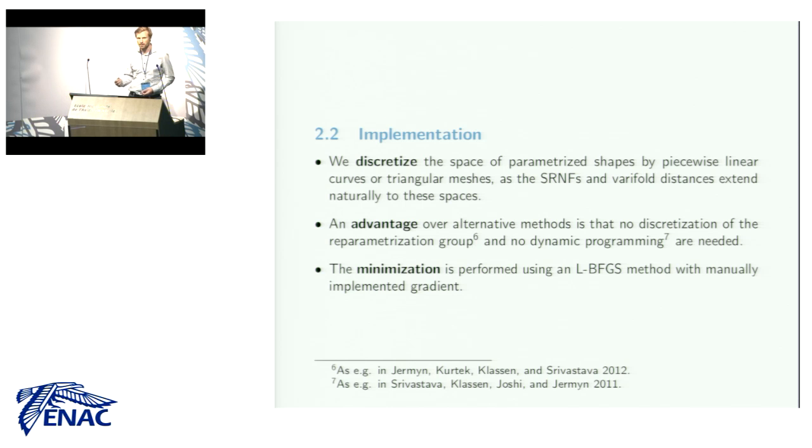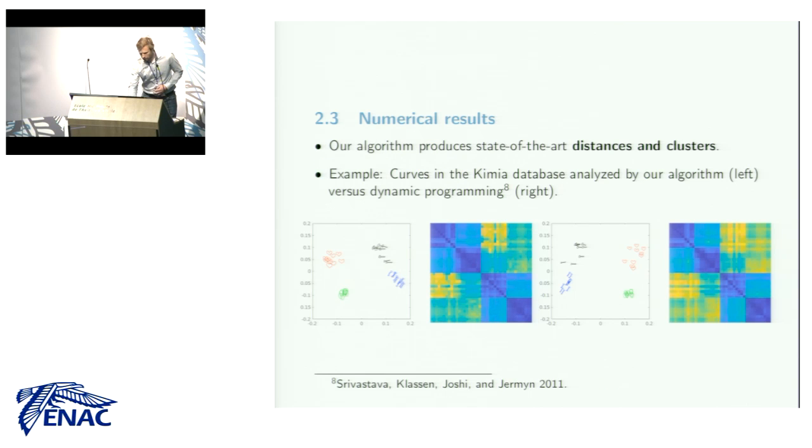This is not needed here, which boosts the speed of the algorithm. The minimization can be done using any standard optimizer that you want, and what we did here was use a standard limited memory BFGS method with manually implemented gradient.